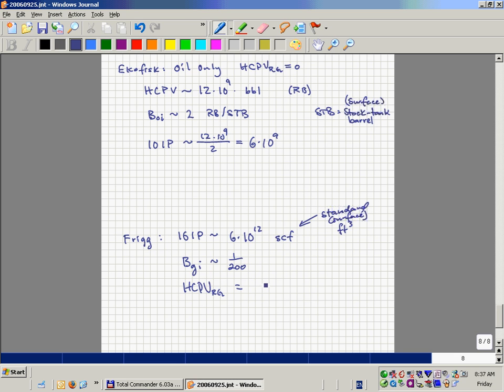Let's see, from the equation, initial gas in place is equal to hydrocarbon pore volume divided by BGI. So the hydrocarbon pore volume is initial gas in place times BGI. So that's 6 times 10 to the 12th times 1 over 200. And that's equal to 3 times 10 to the 10th cubic feet.